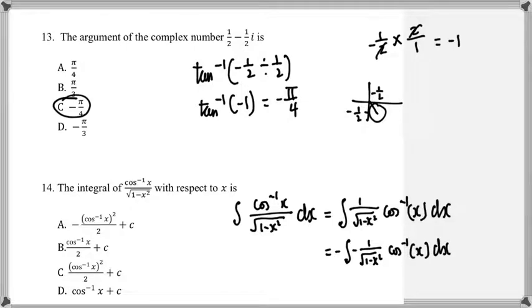This here and this here. This is cos inverse of x. The derivative of it is negative 1 on the square root of 1 minus x squared.